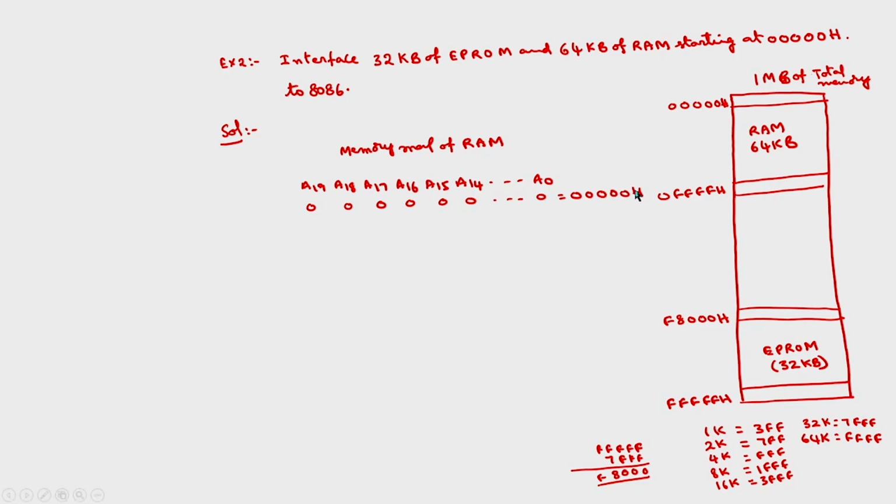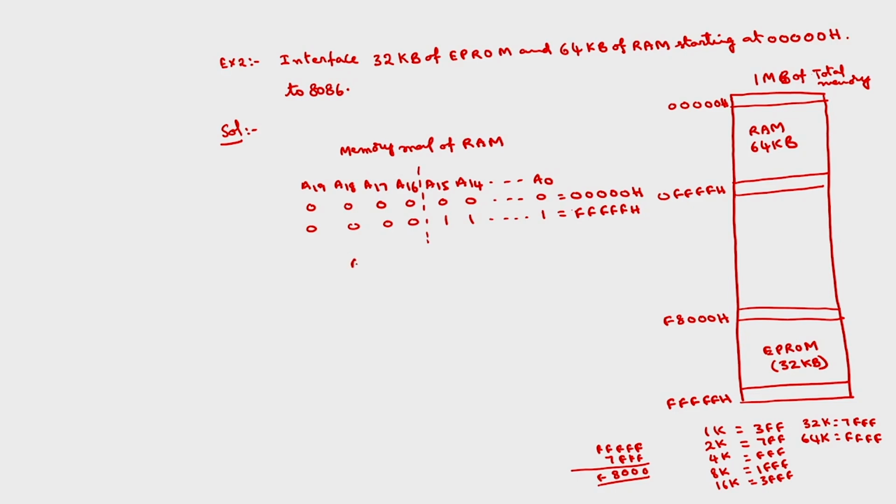The ending address is 0FFFFH: 0 is four zeros, FF means all ones. And this particular 64 kilobytes of memory will have 16 address lines. So A0 to A15 you have to connect to A0 to A15 of the 8086. The only address lines available to find the chip select are A16 to A19.